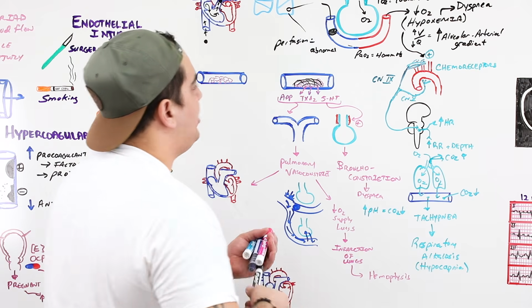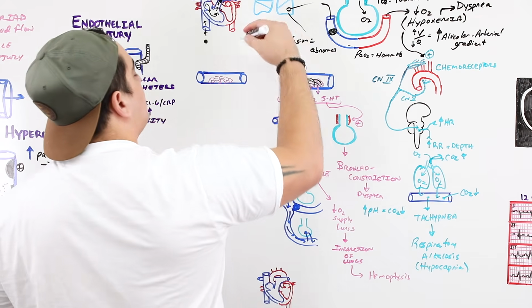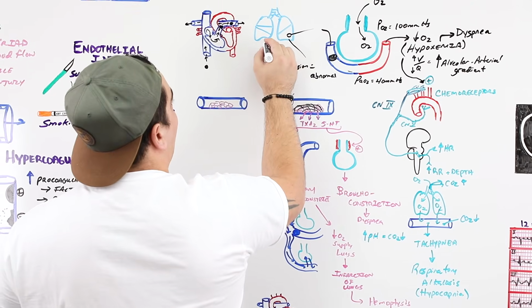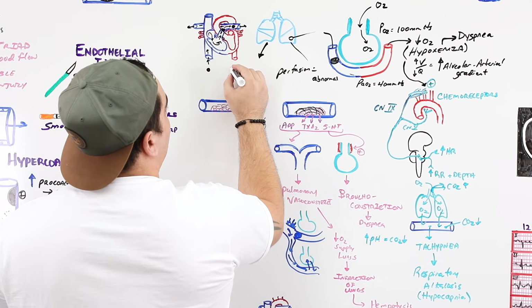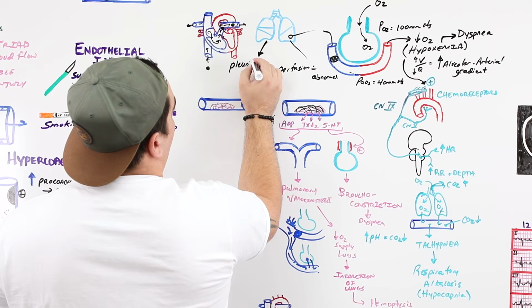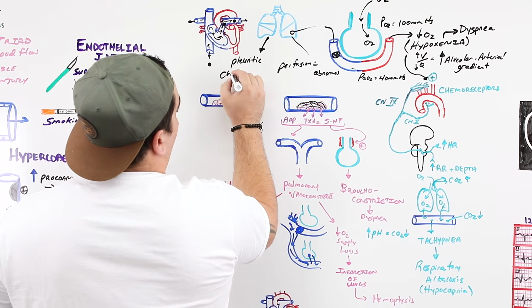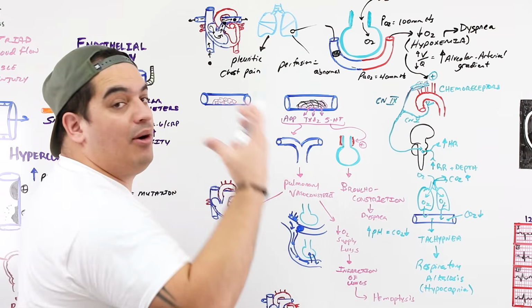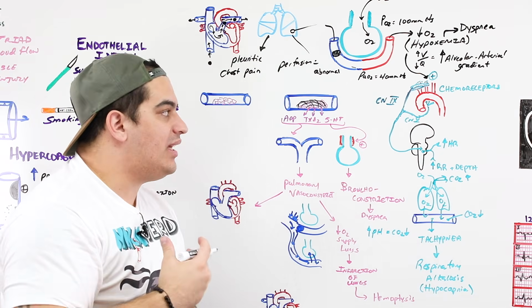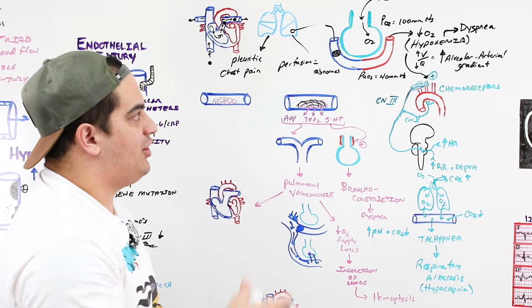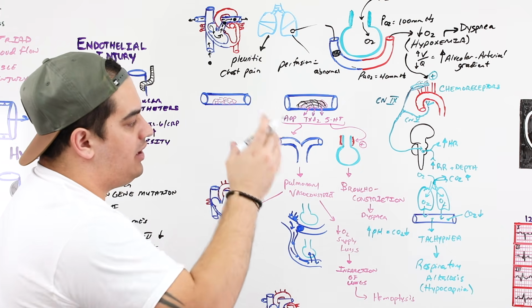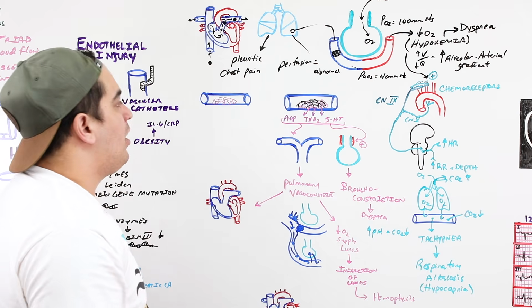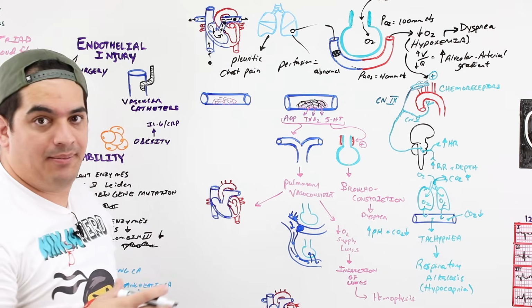The pain that these patients usually develop is what's called a pleuritic chest pain, meaning it's pain that occurs particularly whenever they're breathing. So another potential clinical manifestation of these patients is not just dyspnea, hypoxemia, tachypnea, tachycardia, as well as potential hemoptysis, but also pleuritic chest pain.